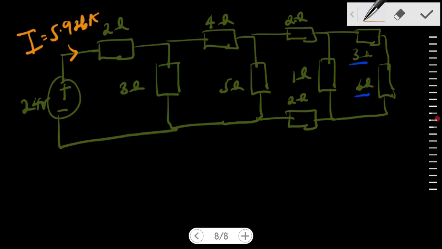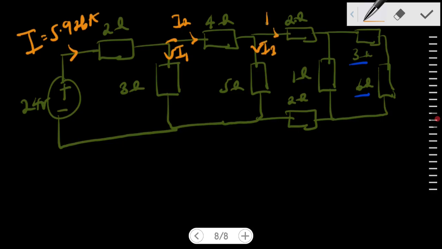Now that's the current through the 2 ohm resistor. Now that current goes on splitting. Let's say we had here, this is going to be I1, I2. Also here, this would be I2, I3.